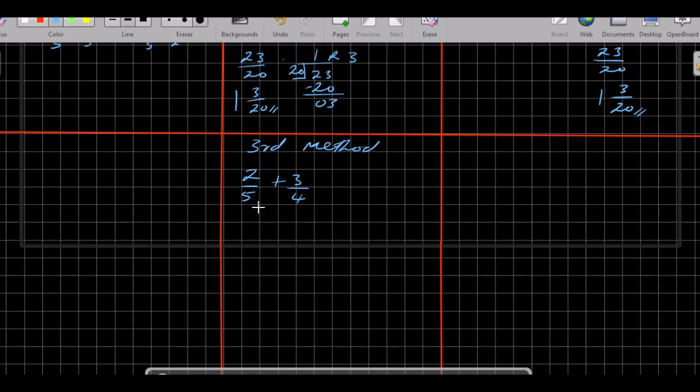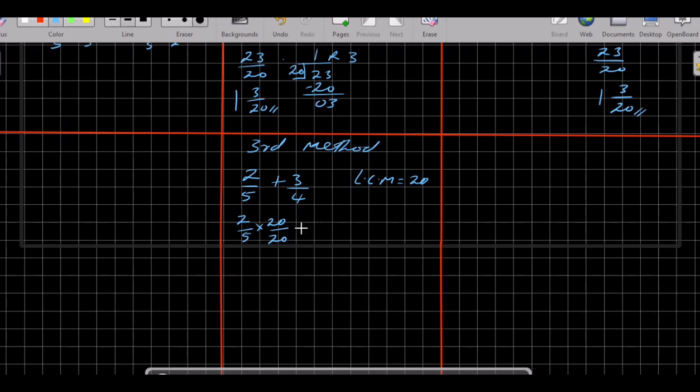Now, what do we need to do? All we need to do is find the LCM, which we've found to be 20. After finding the LCM, we multiply each fraction given here by the LCM. That is, we have 2 over 5 multiplied by 20 over 20, so as to make the denominators the same, making them like fractions.